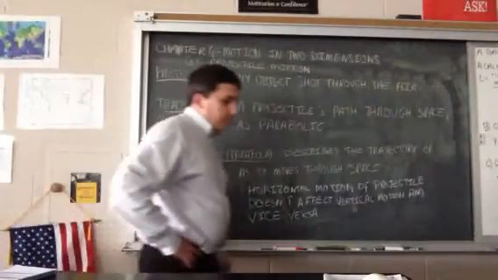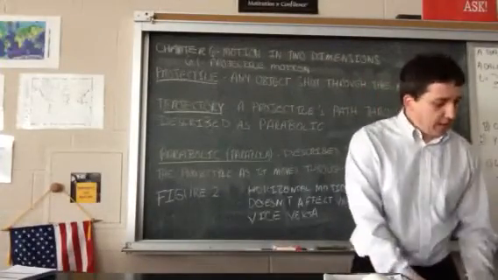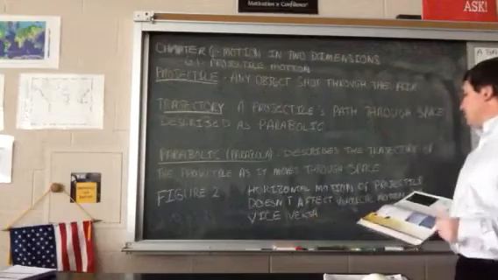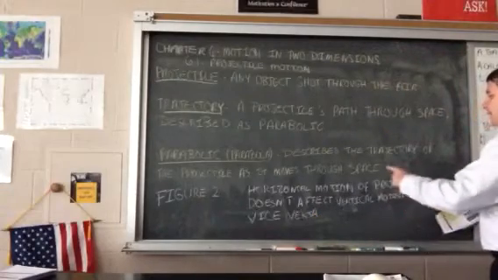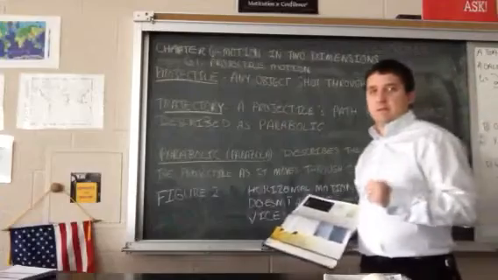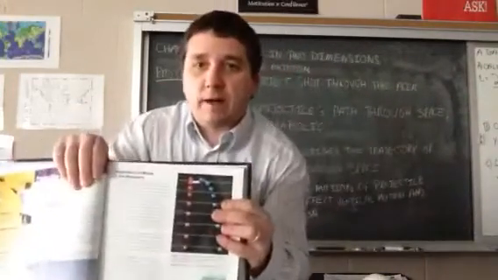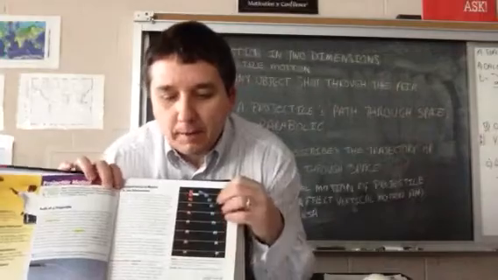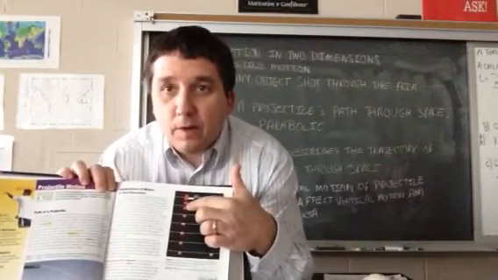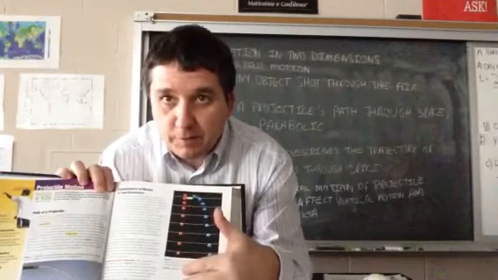Now, one thing that we need to keep in mind as we work through projectile motion is the idea that the horizontal motion of a projectile does not affect the vertical motion of a projectile, and vice versa. What this is showing here, from the textbook, is that one ball is just being dropped straight down. Gravity's pulling it, it's in free fall.